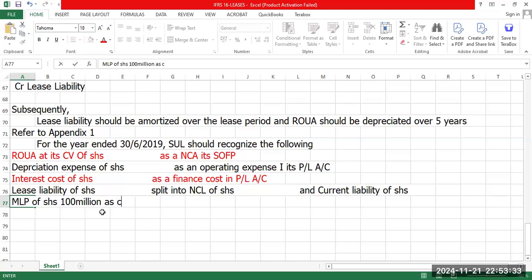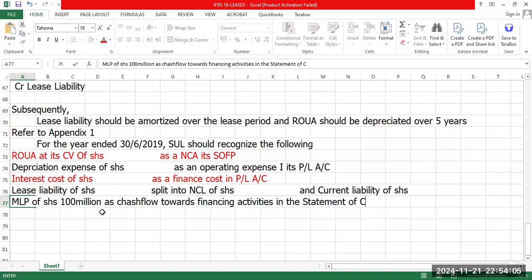As a cash flow, towards the financing activities in the statement of cash flows.